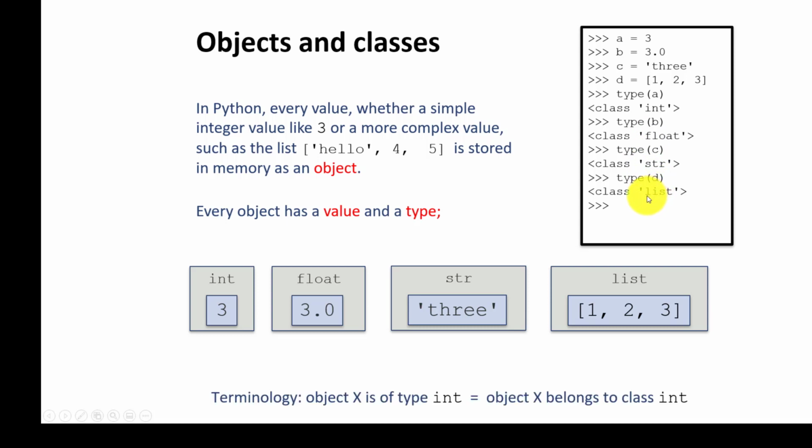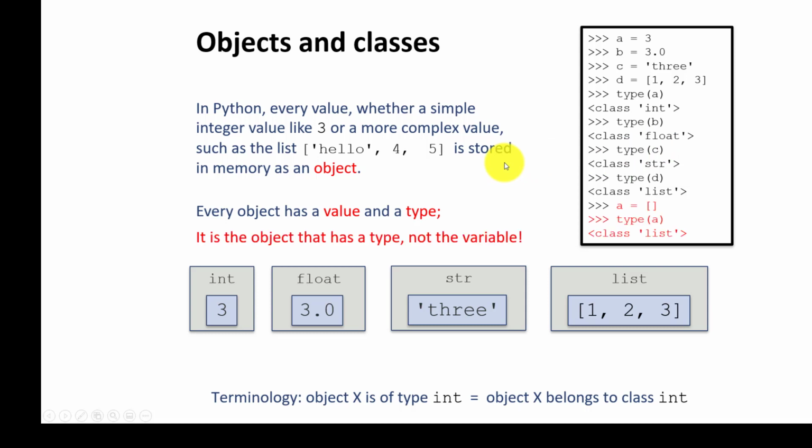To summarize, object A is of type integer. That means that object A belongs to the class integer. So object B is said to be a float type because it belongs to class float. And so on.